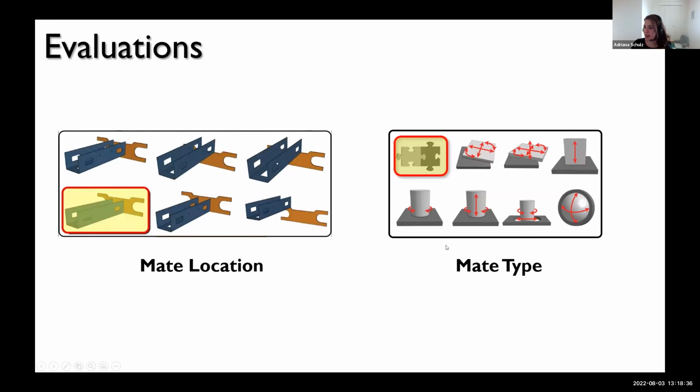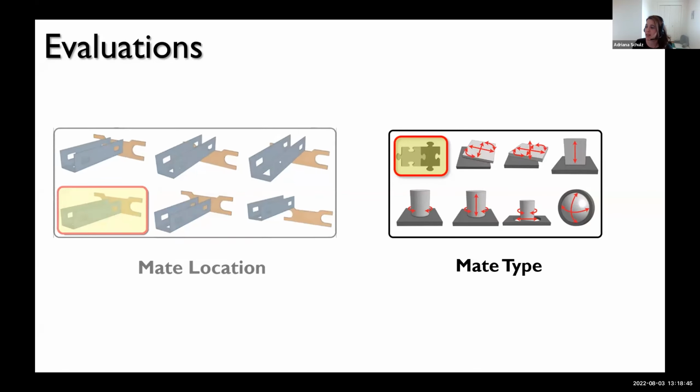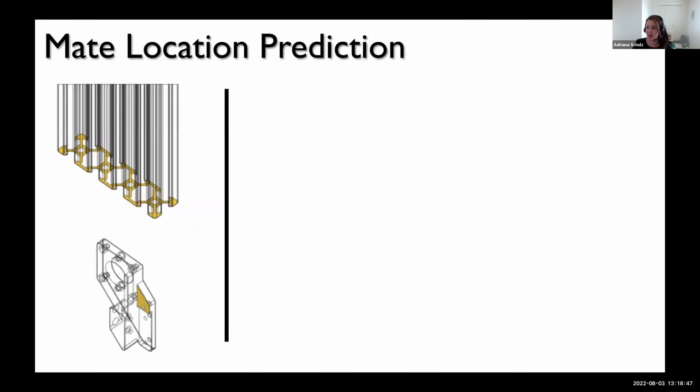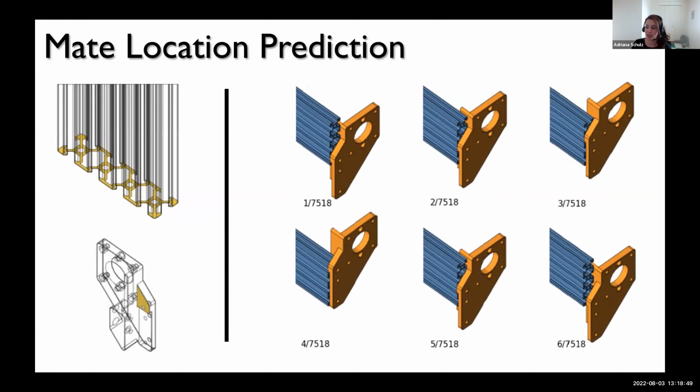Okay, so here are some results of this work, and we show how we can do both recommendations of where to put the mate and the type of mate. The mate location actually works a lot better. This is an example of what a recommendation system looks like.